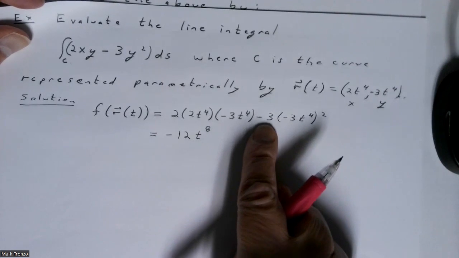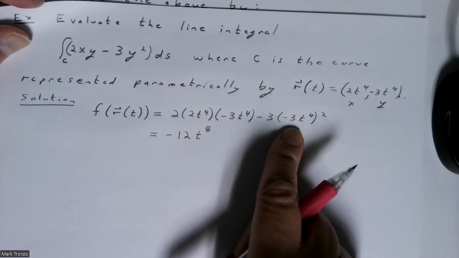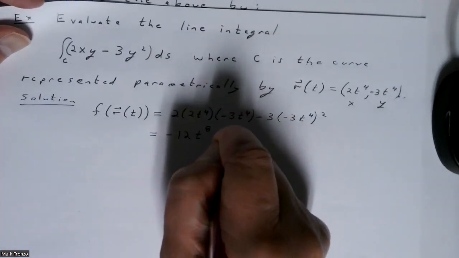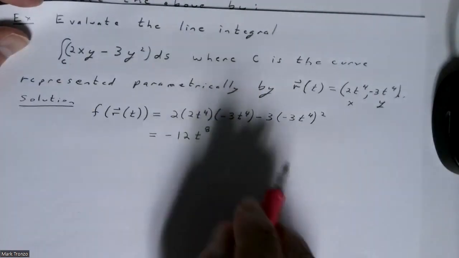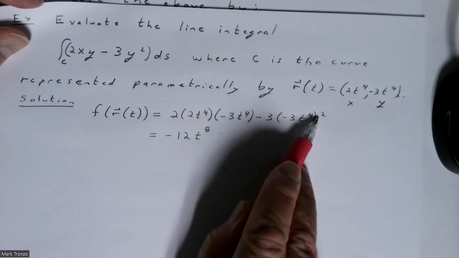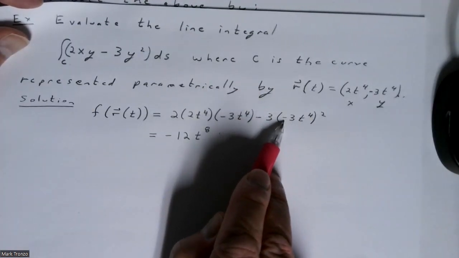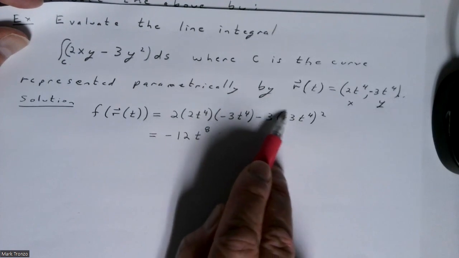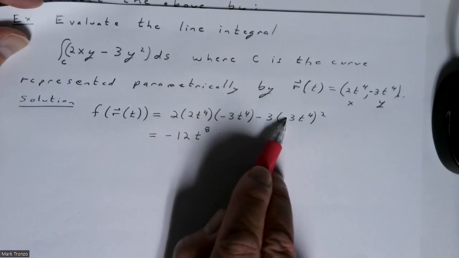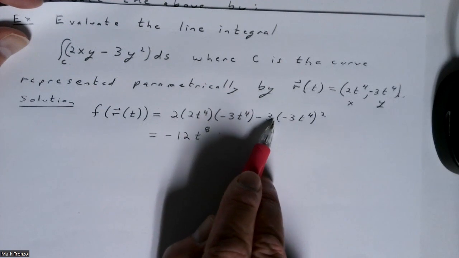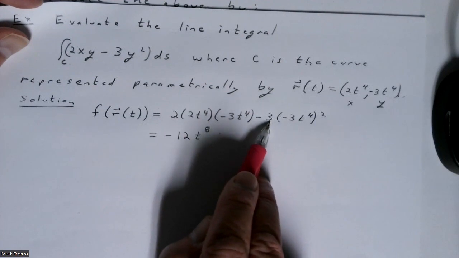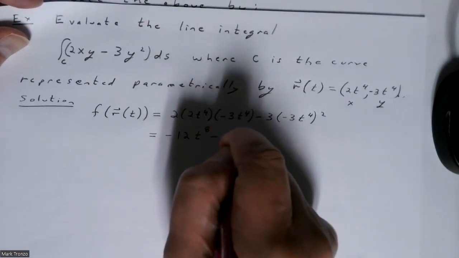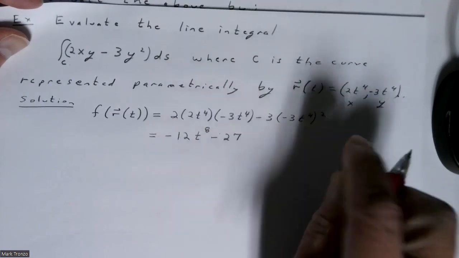Over here, we're squaring this first, so we get +9 when we square it, multiplied times a -3, which gives us -27.